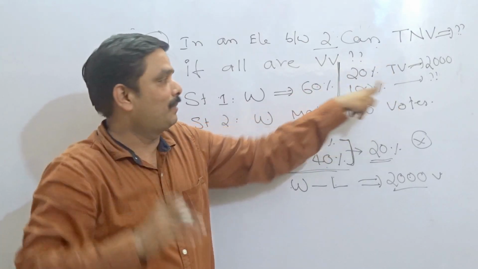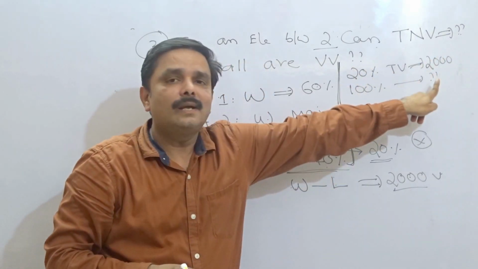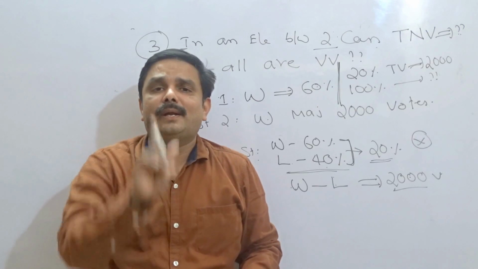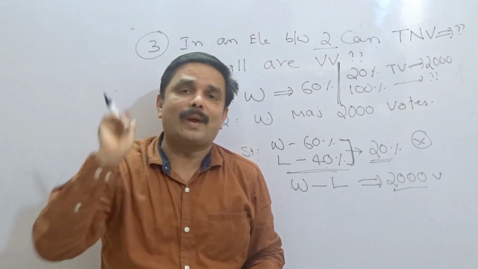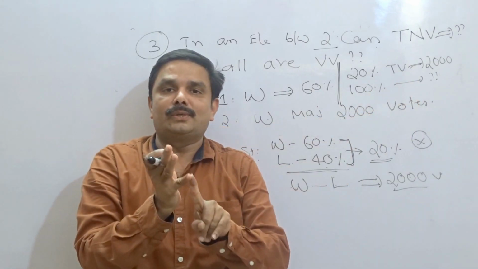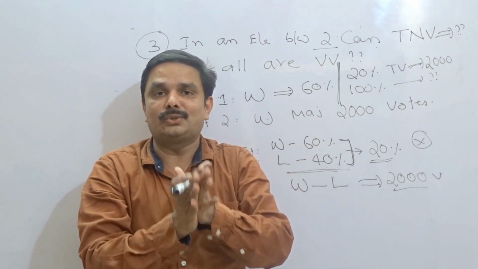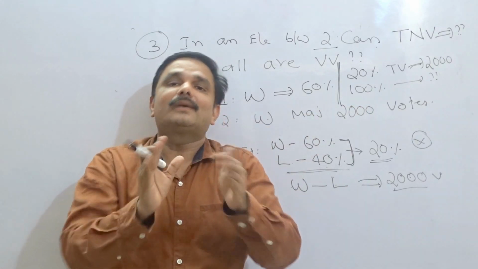Now my answer is, when 20% is 2000, 100% is how much? Definitely I am going to get a confirmed answer. I will get one absolute value. So for that reason, my answer is that 1 alone is not sufficient, 2 alone is not sufficient, but after combining these two, I am able to answer the question.